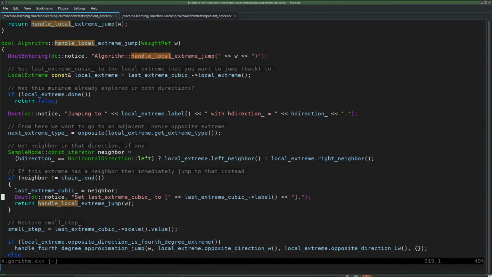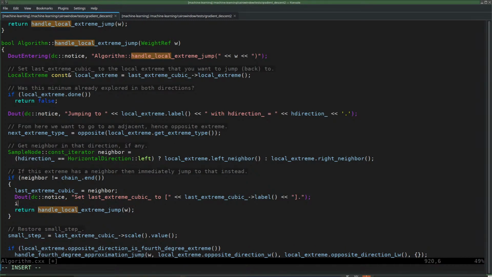Now, if we recursively call this, saw minimum is already set to true. So this is the same as: you already saw a minimum going from adjacent local extreme to the next, mark the newly found extreme as explored in the opposite direction.